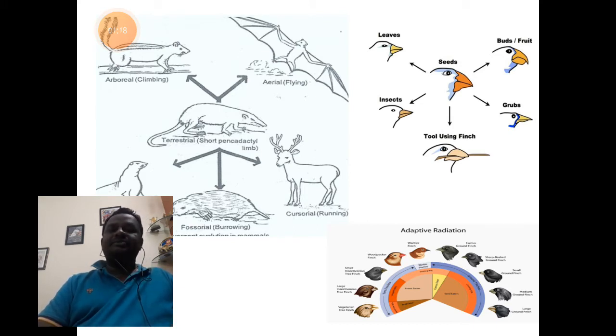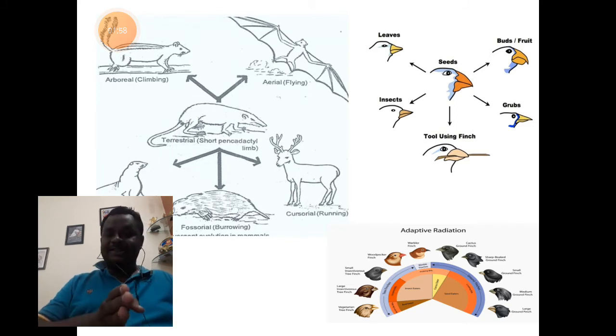Adaptive changes bring in mutational changes in them at their genic level, that is in their DNA, and accumulation of these changes later gets inherited into their offsprings, and they continued the characters later on, leading to reproductive isolation, forming a new species of organism, which is also called speciation.